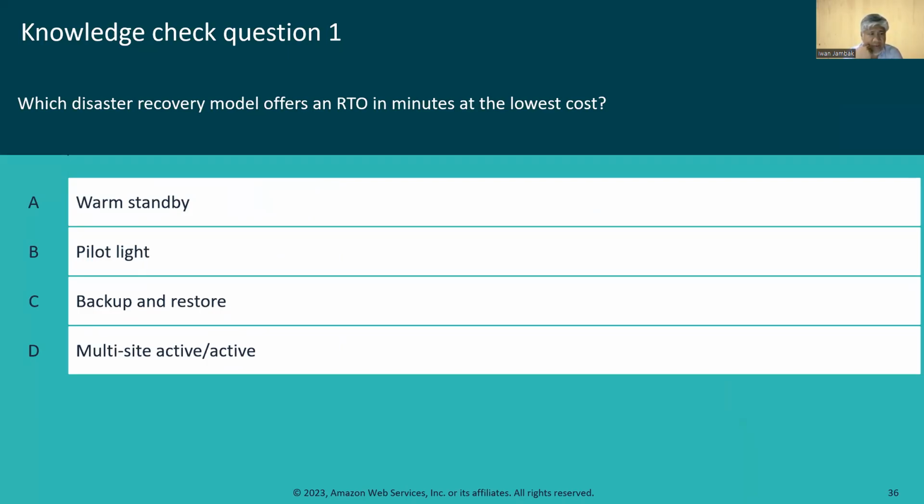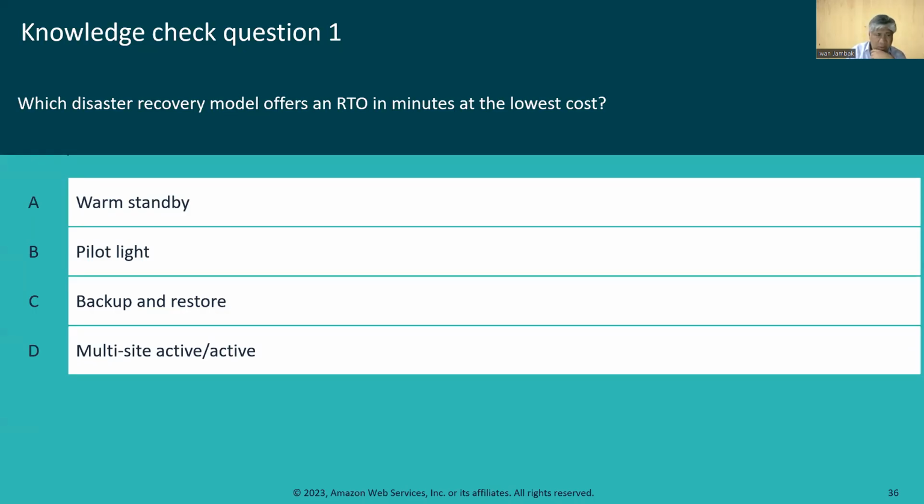Which disaster recovery model offers RTO in minutes at the lowest cost? Which one? A, warm standby? No, it's much faster.